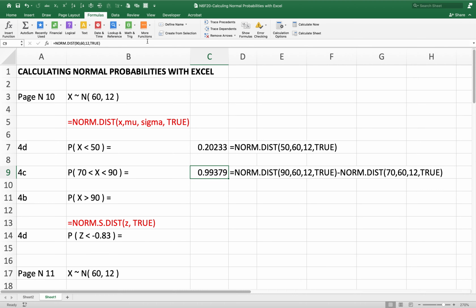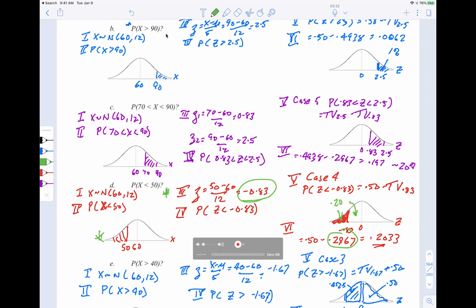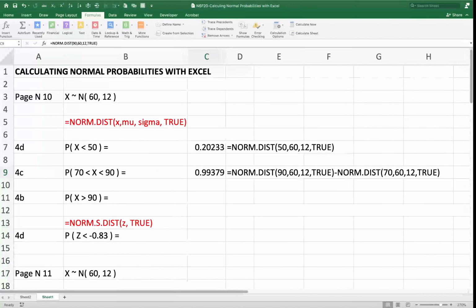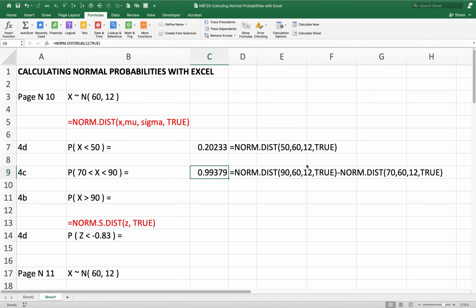See, there's the 0.9938, which is what you get when you look up 2.5 on a normal table. And this gives you down to the middle, so then you'd add another 50%. So the NORM.DIST goes all the way down, not just to the middle. Right, so that's what we've got there.